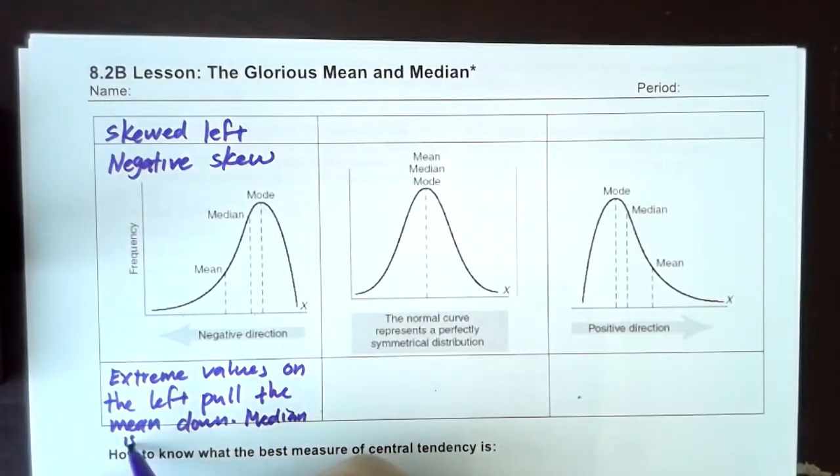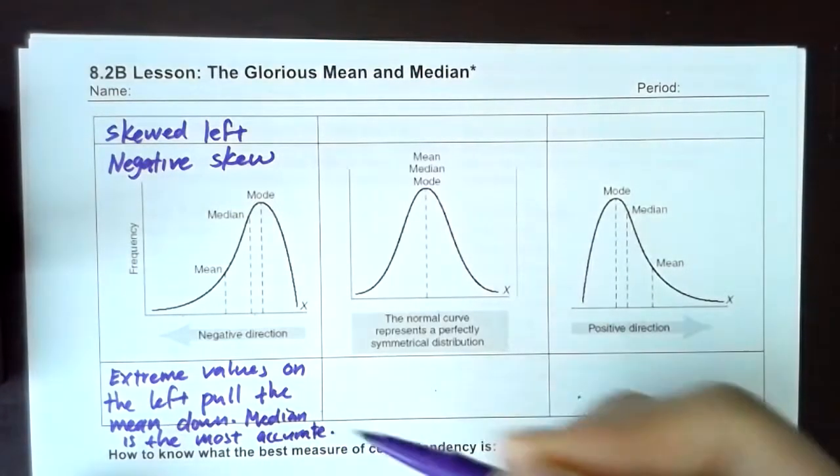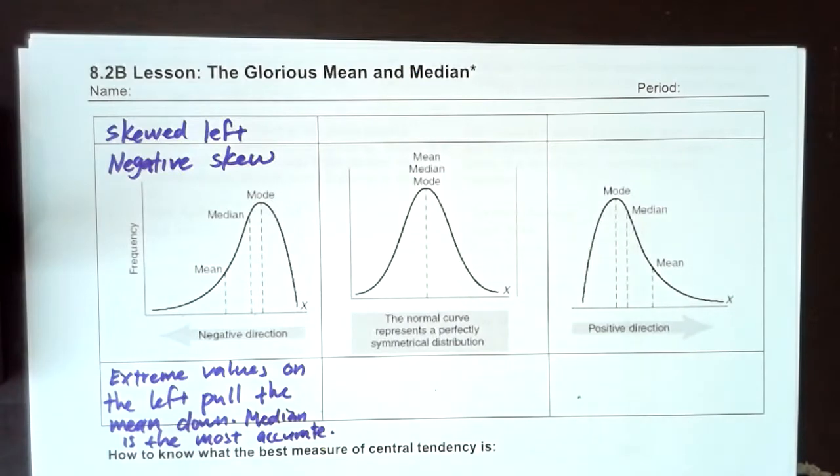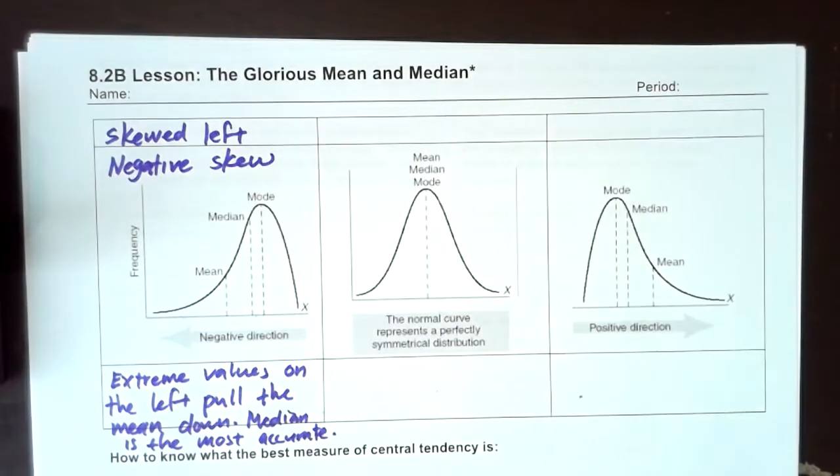The median is the most accurate, right? Now, what do you mean by accurate, class, or Mr. Quo? Like, what do you mean? The class average should always be accurate, shouldn't it?